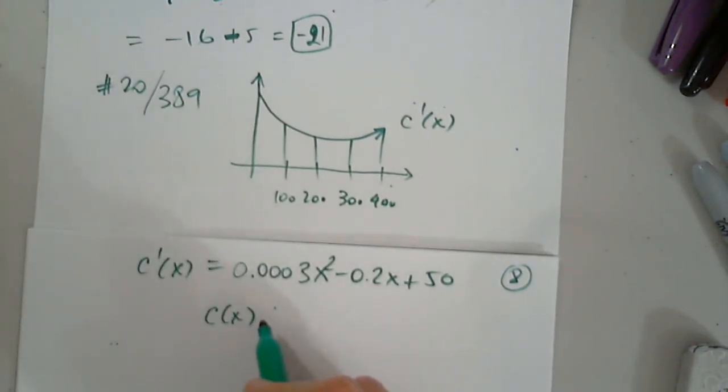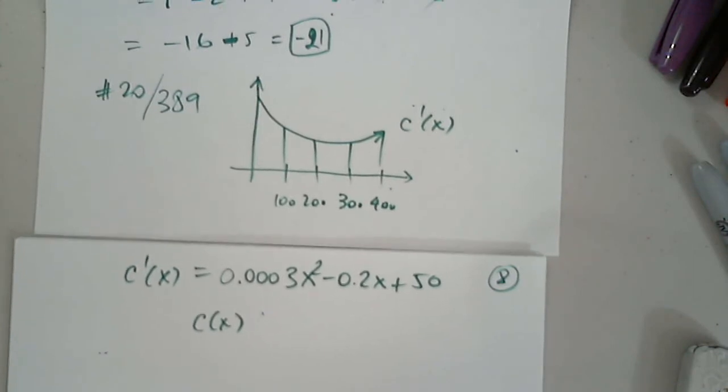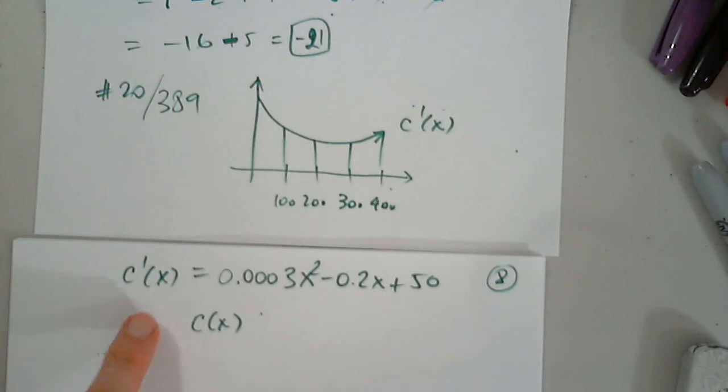We're told the company has found that its marginal cost in dollars for the x-th jacket produced is given by this. So we have the marginal cost. Question: approximate the total cost of producing 400 jackets by computing the sum.